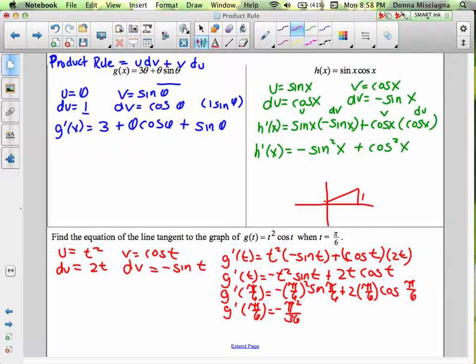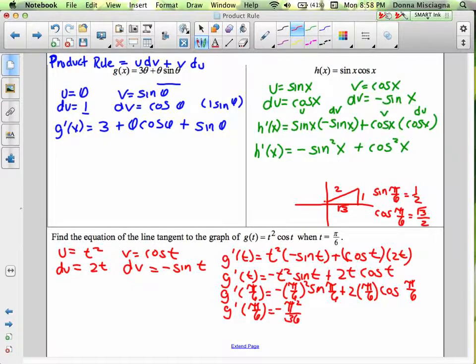So this side is 1, this is the square root of 3, and that's 2. So sine pi over 6 is 1/2, and cosine pi over 6 is the square root of 3 over 2.